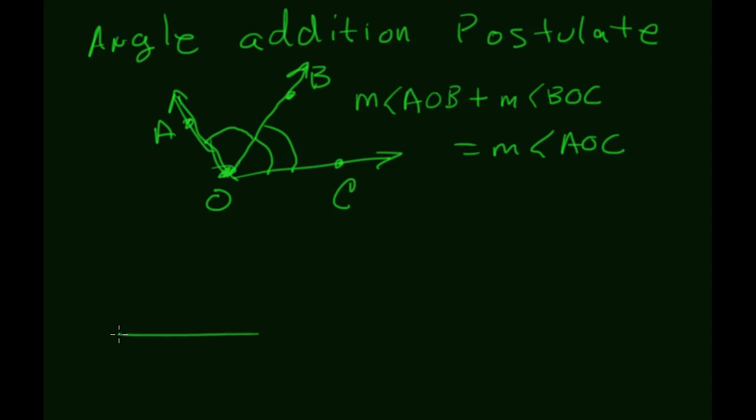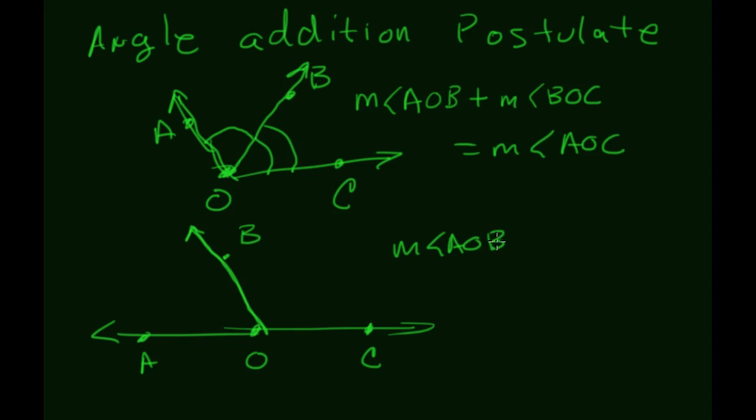Now there's a special case of this where AOC is a straight angle, also known as a line, and B lies on one side of this. Not only does it add up to angle AOC, but the measure of angle AOB plus the measure of angle BOC should add up to 180.